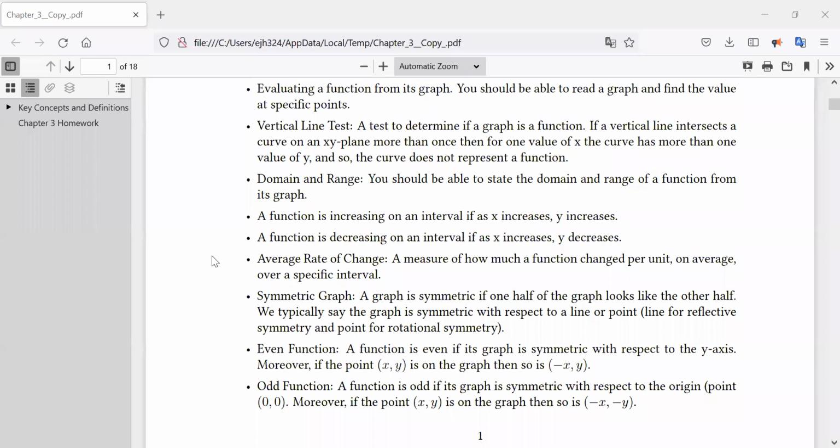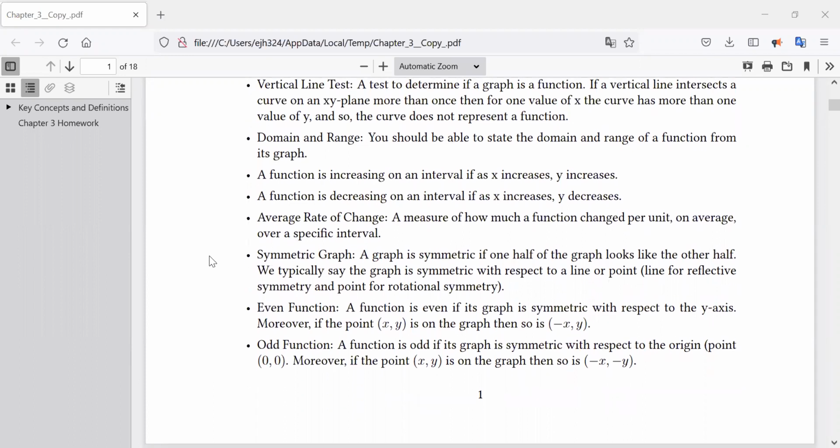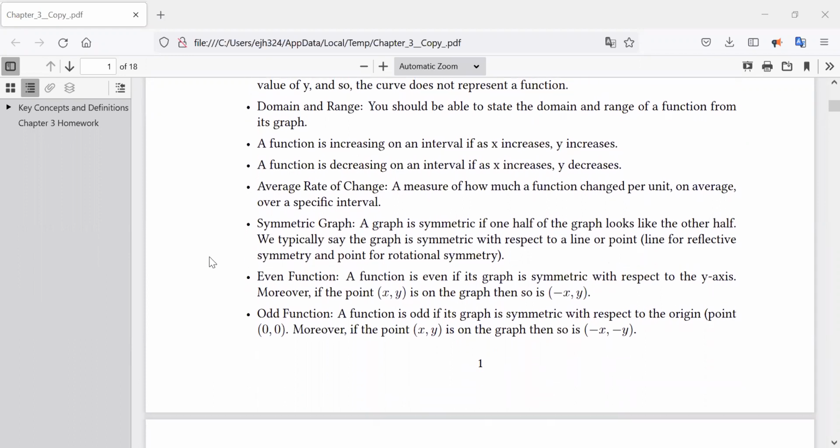We'll talk about the domain and range, figuring that out from the graph again, and then evaluating where it's increasing, decreasing, and figuring out the average rate of change. We'll also talk about a few different types of symmetry of graphs, including odd and even functions.